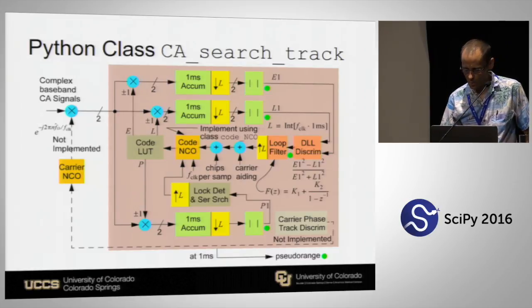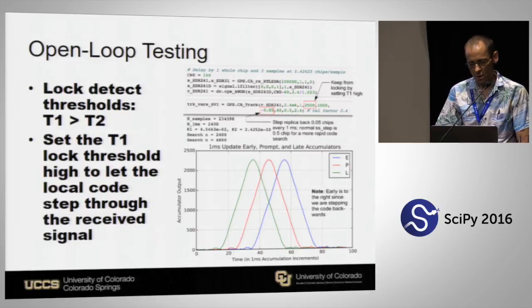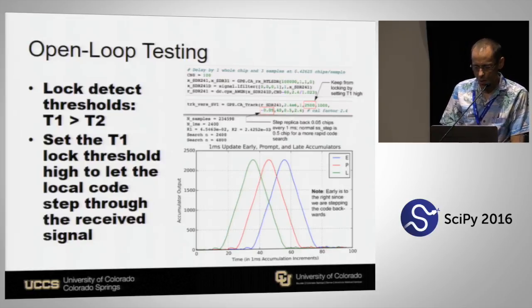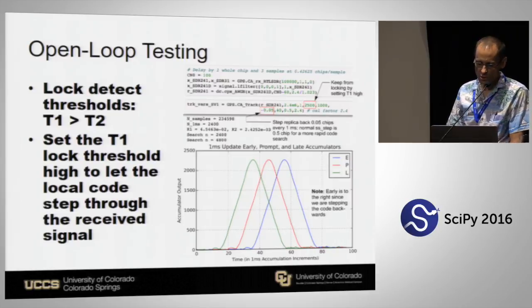It gets early, prompt, and late correlator outputs. So if I do open loop testing in my code, I will set thresholds so that it will not acquire and then go into the tracking mode, but this would be the output of the three correlators, early, late, and prompt.